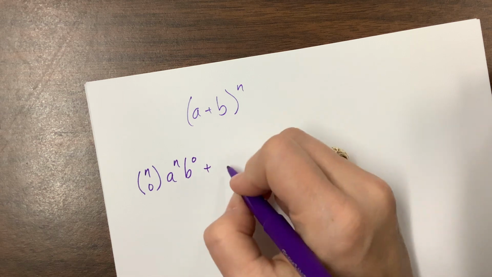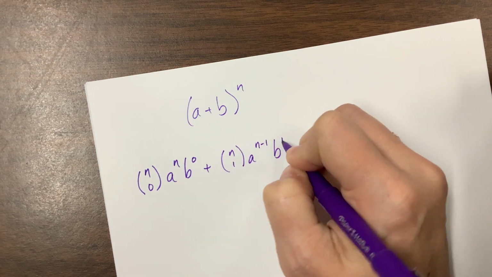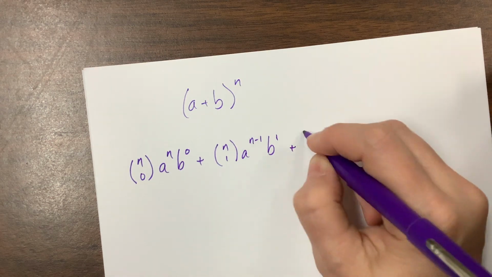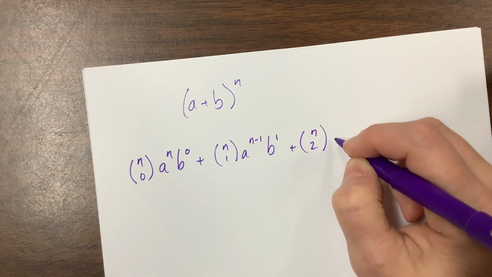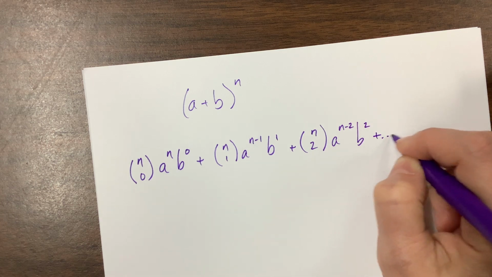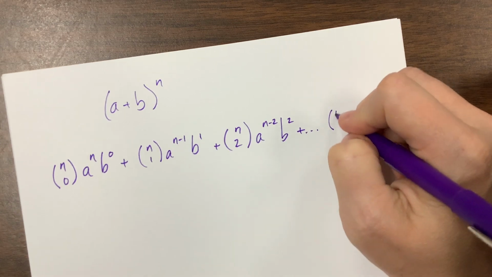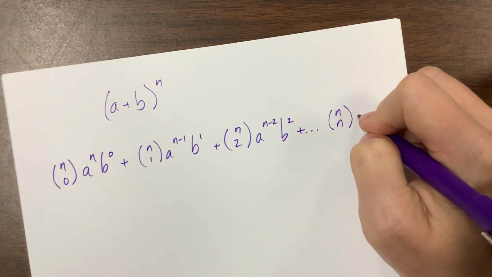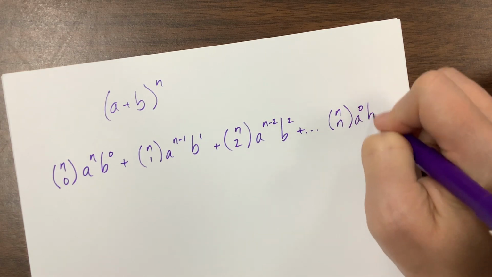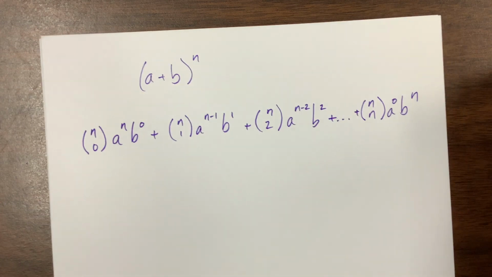And then the next term would be n choose 1 times a to the n minus 1 times b to the 1. Then we've got n choose 2 times a to the n minus 2 times b to the 2. And this keeps going until we get to n choose n times a to the 0, b to the n. That would be the last term in our expansion.